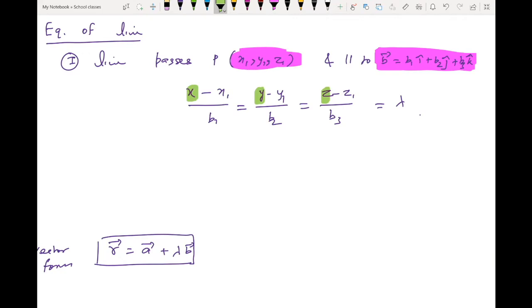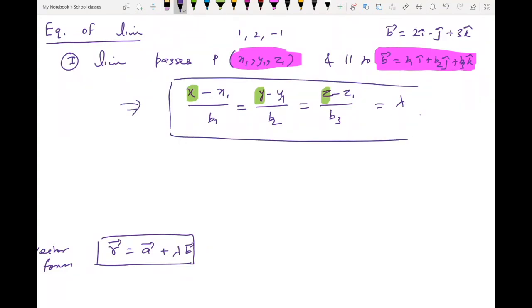Let's say we have this point given, which is (1, 2, minus 1), and this vector is also given, which is 2i minus j plus 3k. You will simply use this formula, the Cartesian form of the line. x minus x1, which is 1.